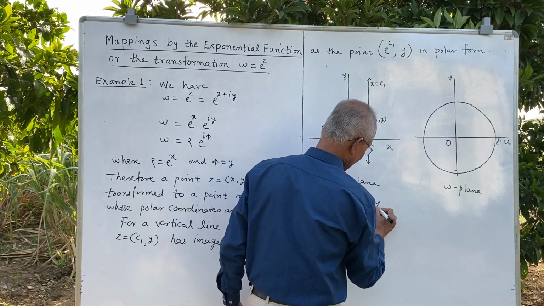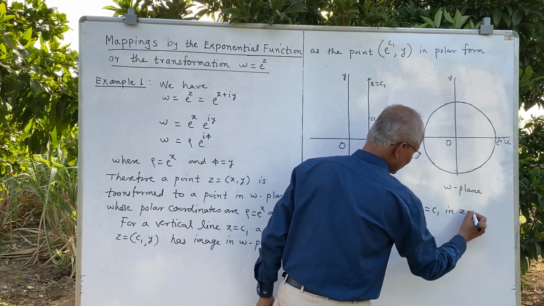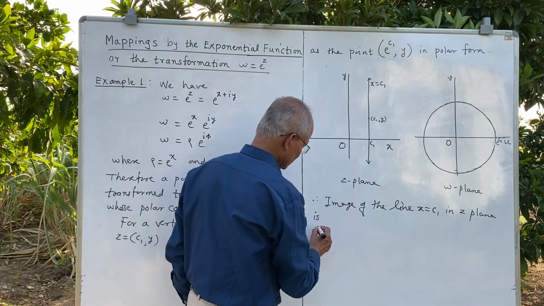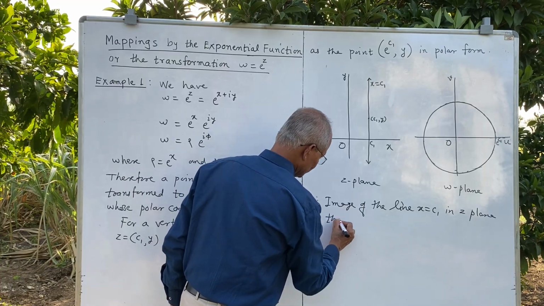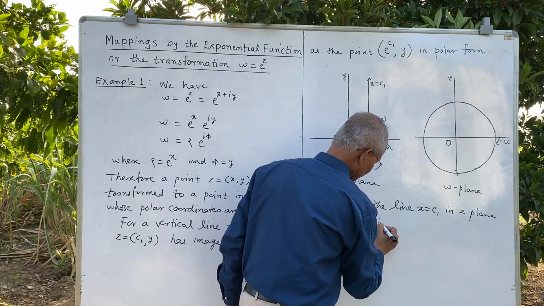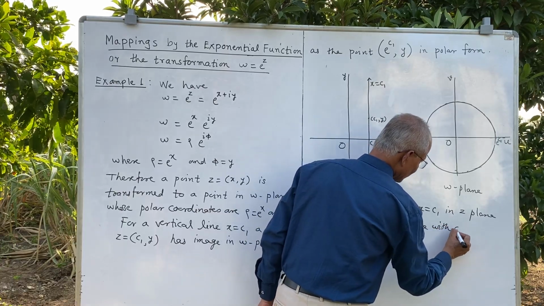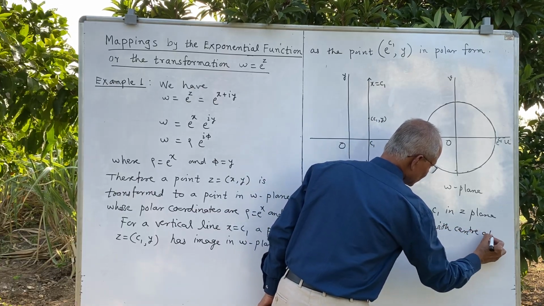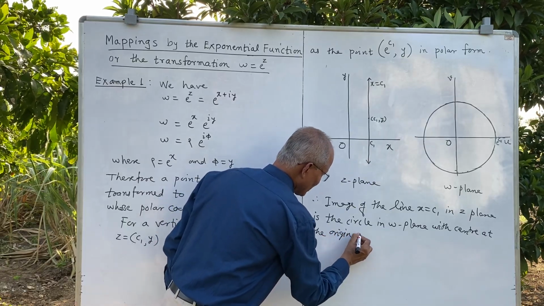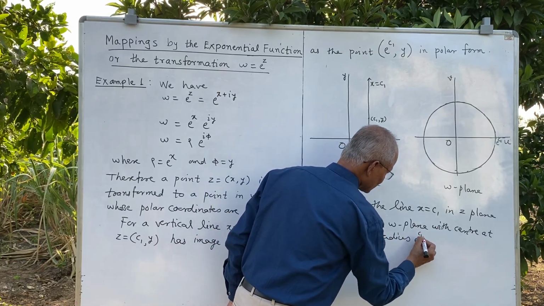Therefore the image of the line x is equal to c1 in z plane is the circle in w plane with center at the origin and radius e power c1.